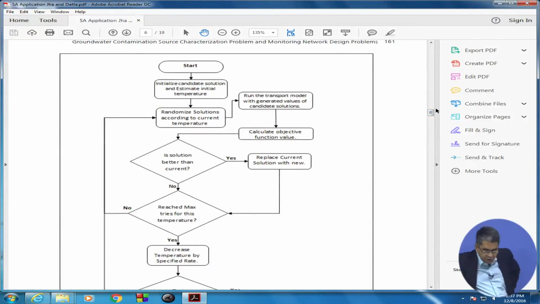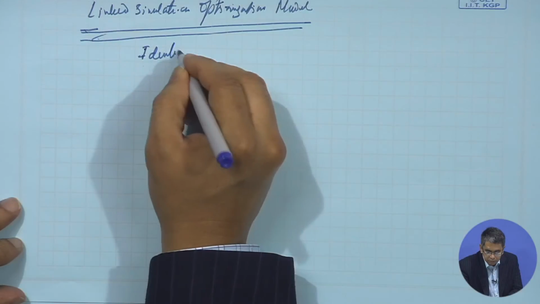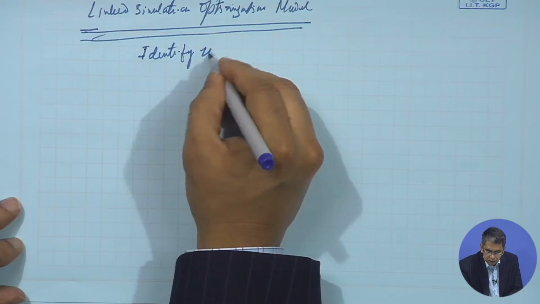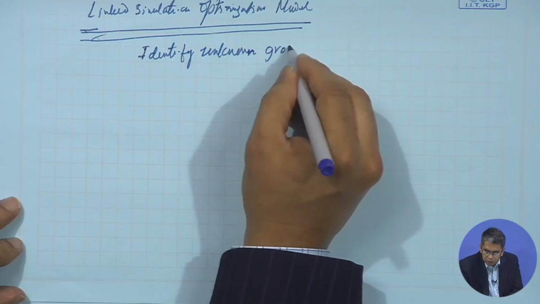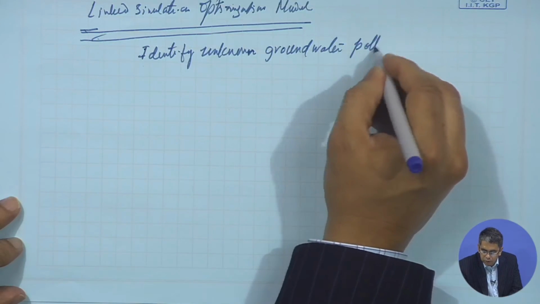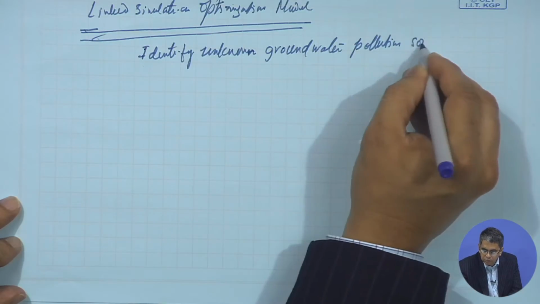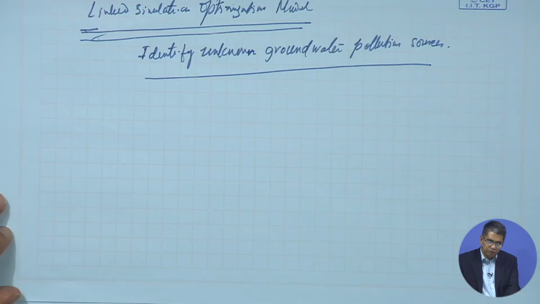Because it is a linked simulation optimization model, of course I'll just say that the aim of the model is to identify unknown groundwater pollution sources. So that's the aim. How do you do it?